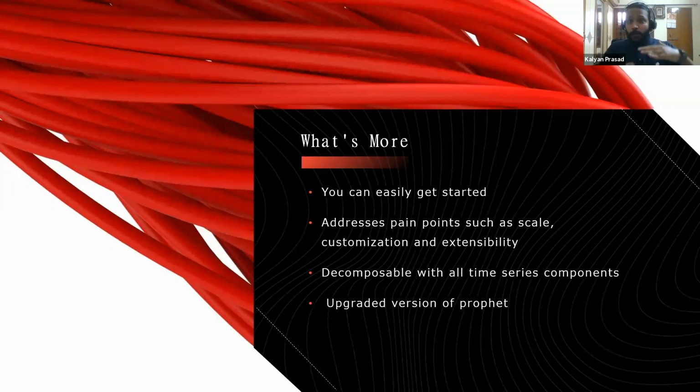Of course, without changing the core code base, you can also edit or manipulate the code. This is amazing. Just like Prophet, NeuralProphet is also decomposable with all time series components like trend, seasonality, auto-regressor, future regressor, lagged regressors, recurring events, etc. This library is absolutely an upgraded version of Prophet because it uses deep learning models such as AR-Net for time series forecasting.